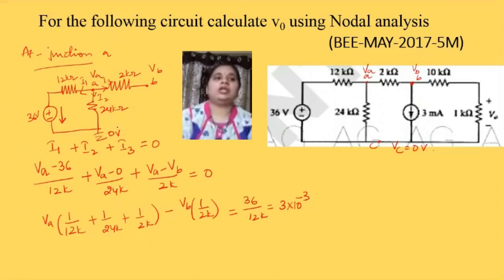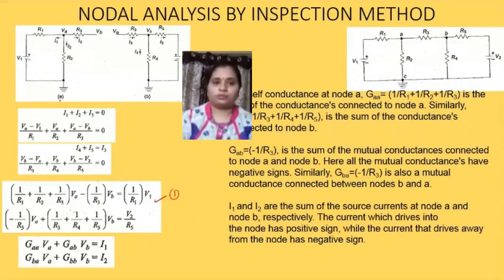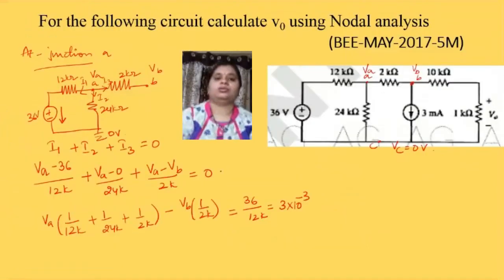It is equal to V1 by R1, where V1 is the voltage connected to that particular node divided by the resistor R1. So it is 36 divided by 12K, which is 3 into 10 power minus 3.